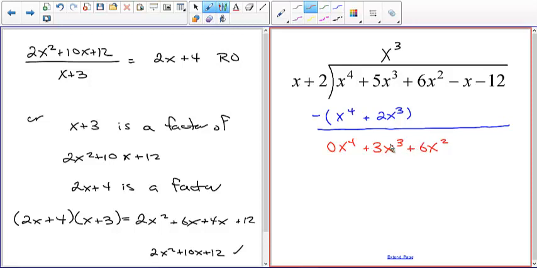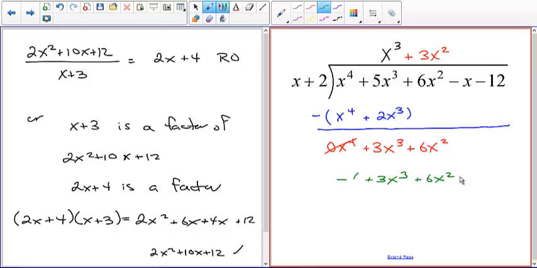Now we can basically get rid of that. So we say, what do we need to multiply x by to get 3x cubed? The answer is 3x squared. So 3x squared times x is plus 3x cubed. 3x squared times 2 is 6x squared.